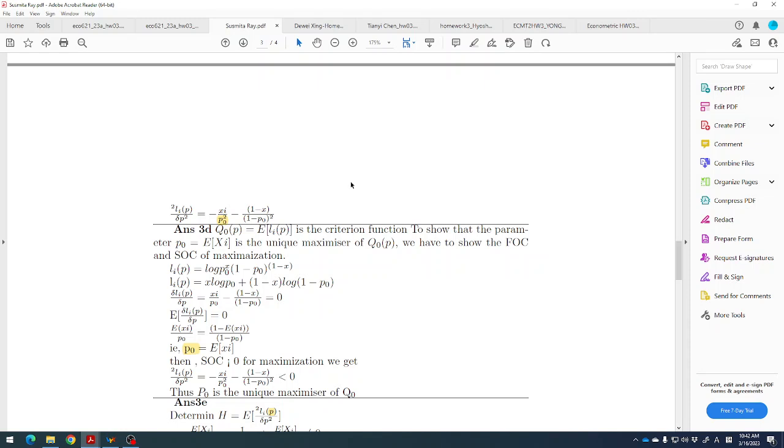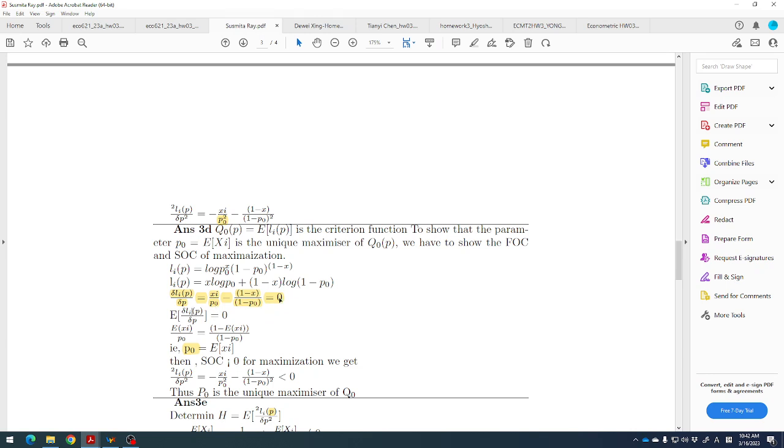And again, here, here. So this is the first order condition. Exactly this is what I wanted to say. It starts from the derivative at p, so it's a variable. The argument is p. Then suddenly it becomes p0.